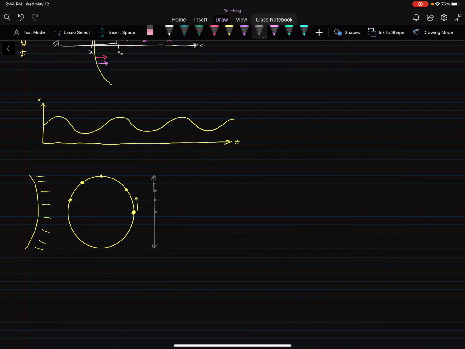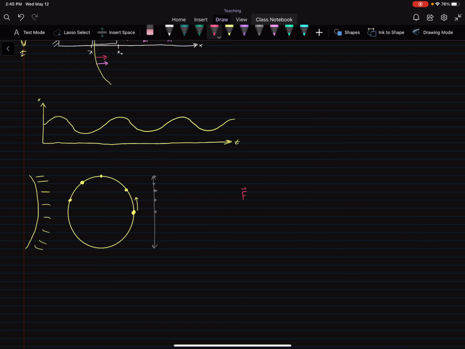What we're moving into next is something called simple harmonic motion. And we'll define that as anytime the restoring force, so that restoring force that we had, is proportional to the displacement. Not all oscillations are simple and harmonic, but it's a really useful simple case scenario to start with.